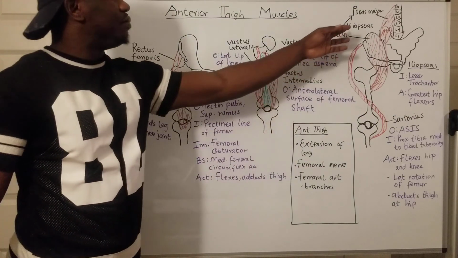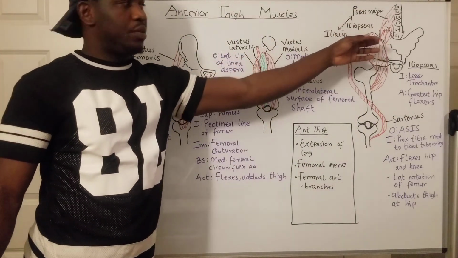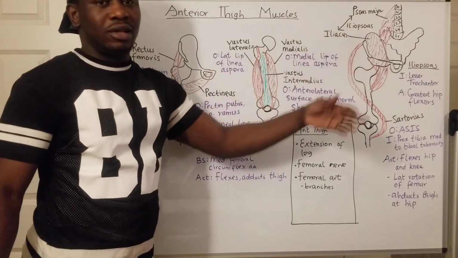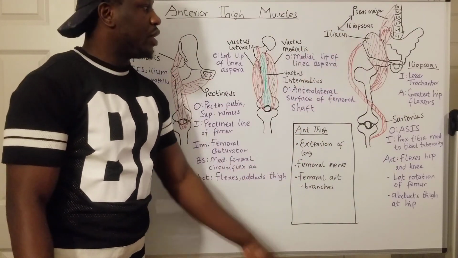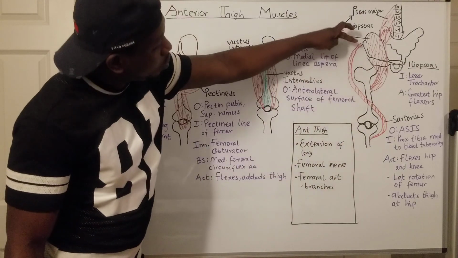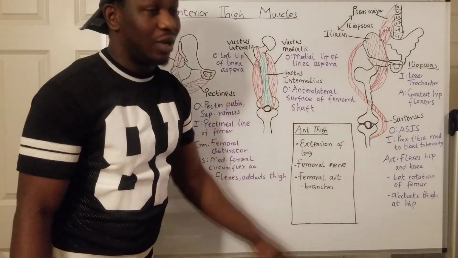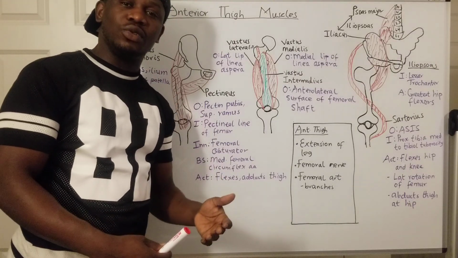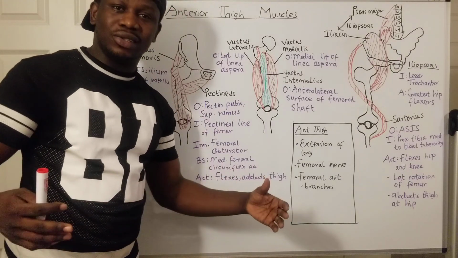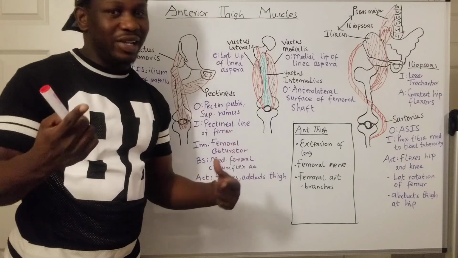We have the psoas major, we have the iliacus. Together, we call them the iliopsoas. We have the sartorius. Sartorius, we can see, is a very long muscle. Actually, it's the longest muscle in the body. If you followed my video so far, what did I say was the largest nerve in the body? Sciatic nerve.